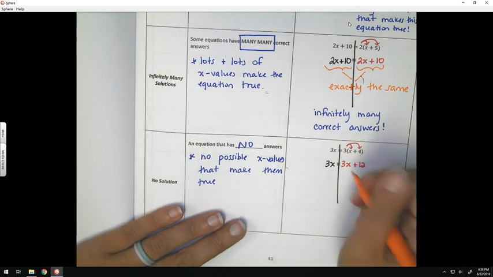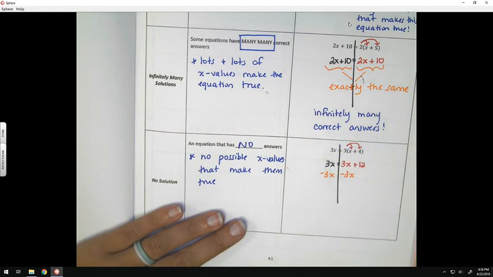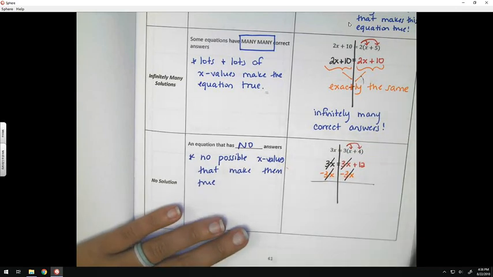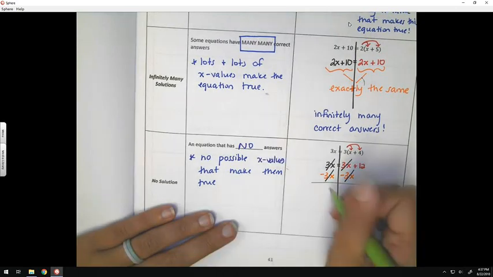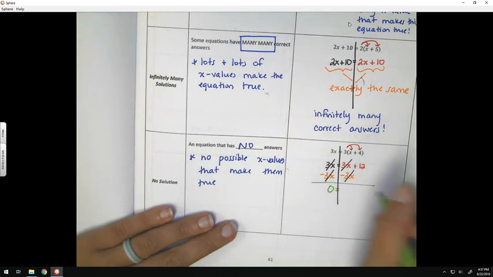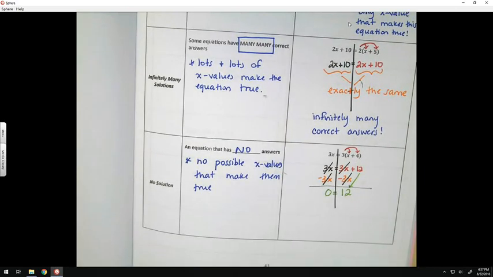The next thing I would probably do is subtract 3x on both sides in order to get the x's together. And the 3x would cancel on both sides. So my answer would be 0, because there's nothing left on the left side, equals 12, because the only thing on the right side is a 12.